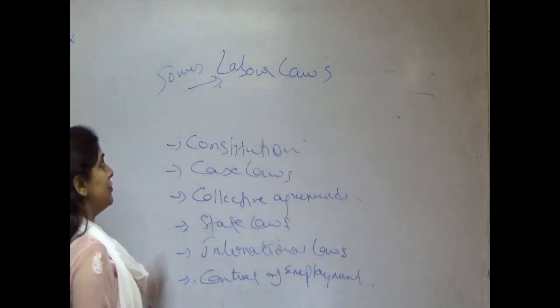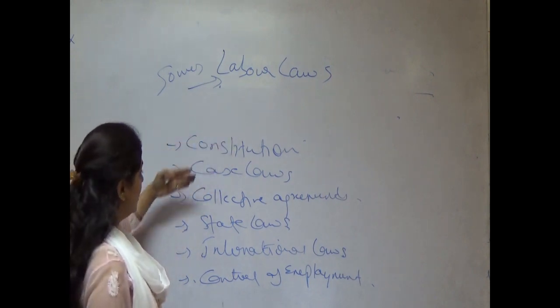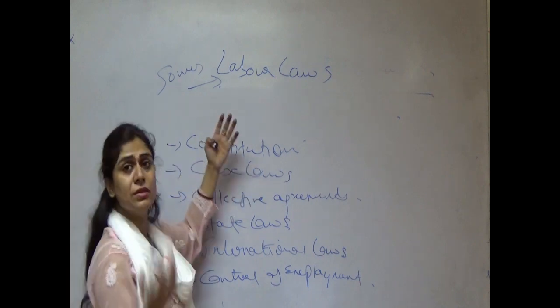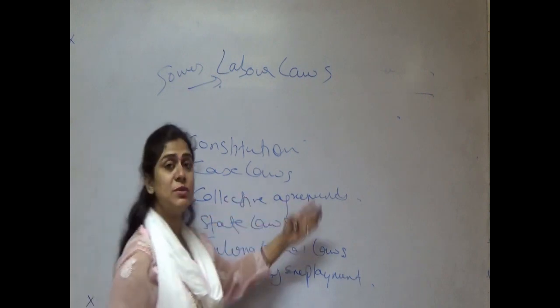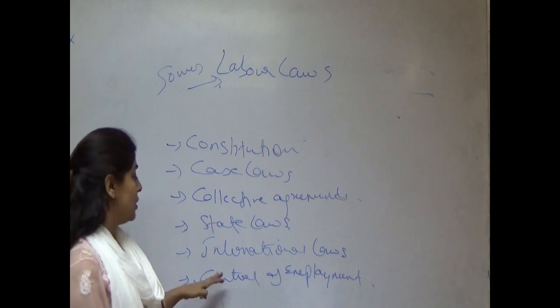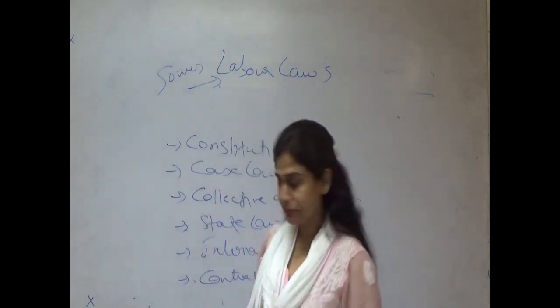These are the sources of the labor laws. Whenever labor laws were constituted, they were taken from various sources: the constitution, the amendments, case laws, collective agreements between the parties, state laws, international laws, and contract of employment between the parties.